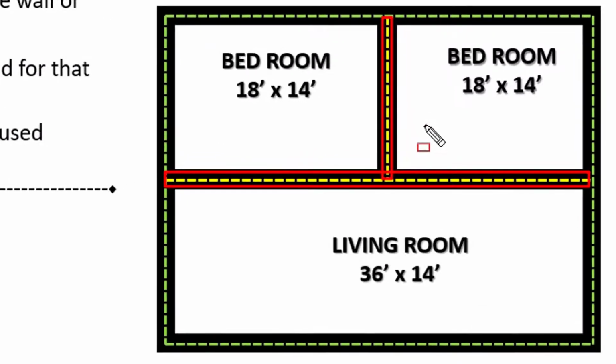Okay. So if you look at this yellow center line, you will see that it started from this point and it ends at this point. Okay. So both ends of this yellow center line are not meeting with each other. Same is the case with the second yellow center line as well.